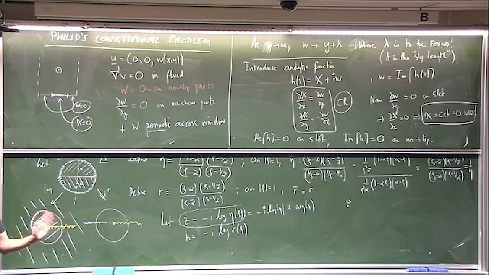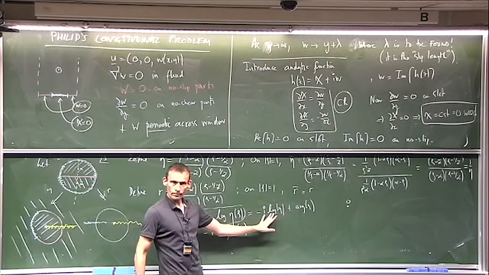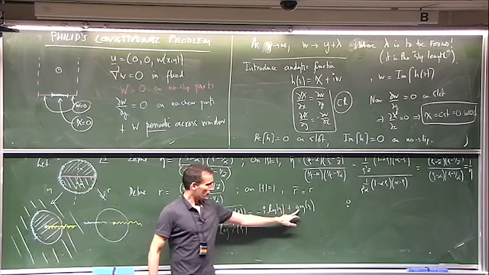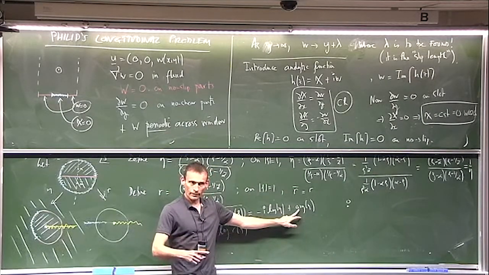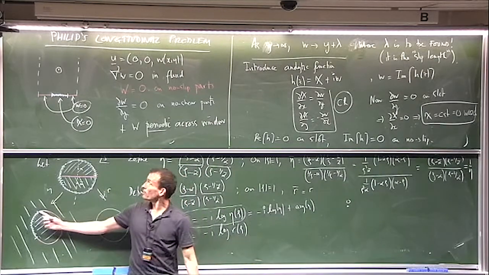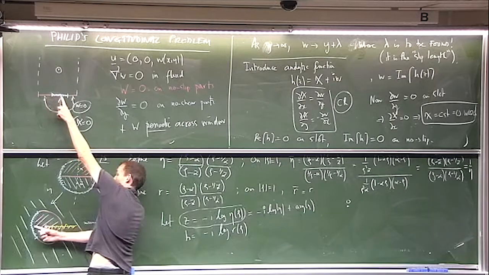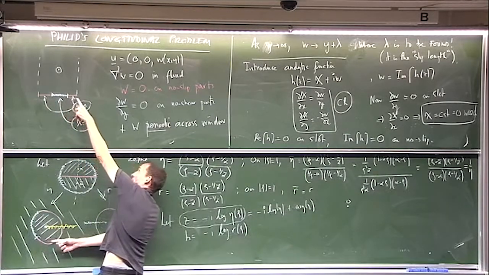Then log of mod eta is 0. This is 0 everywhere on that circle. But the argument goes from 0 to 2 pi, going through a red zone, a blue zone, and back up to a red zone.